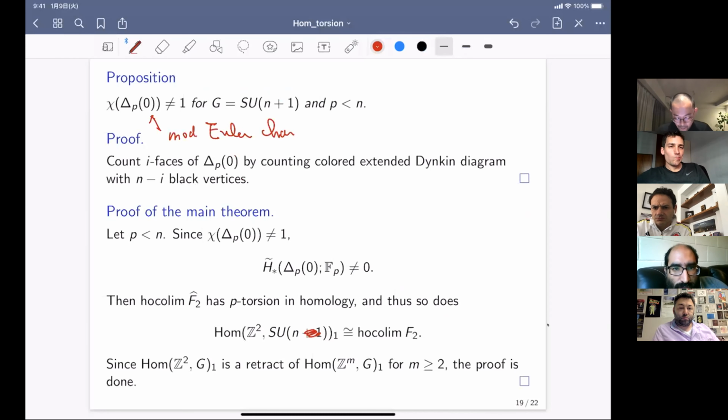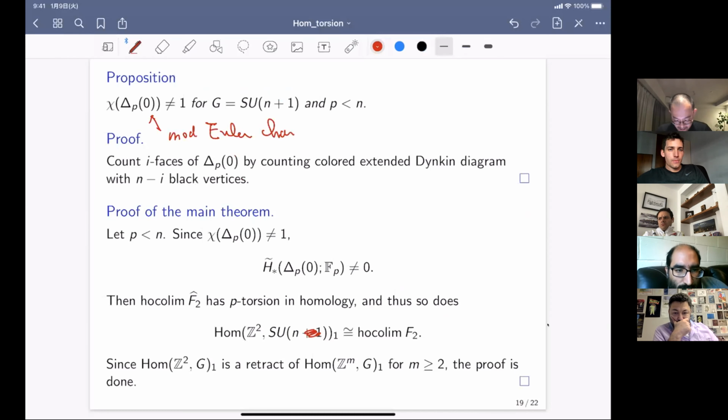So it's not 1. So the mod P homology of delta P0 is not trivial. So this means that hocolim F2 has P torsion in homology.